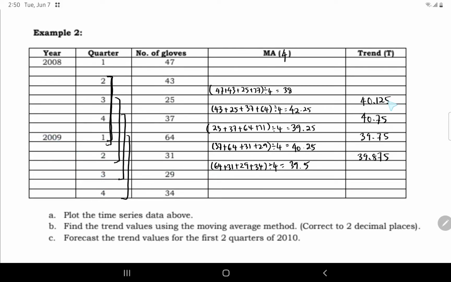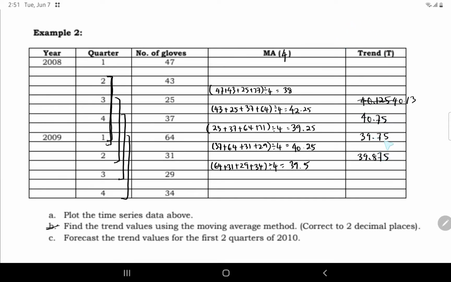Kita hanya ada trend yang ni saja: quarter 3 2008, quarter 4 2008, quarter 1 2009, quarter 2 2009. Untuk soalan B dia kata find the trend values correct to 2 decimal places. So kita hanya tulis kat sini 40.13. Ini dah betul.